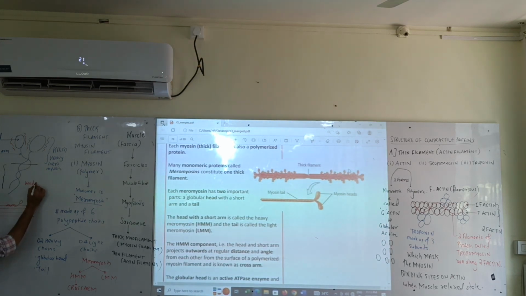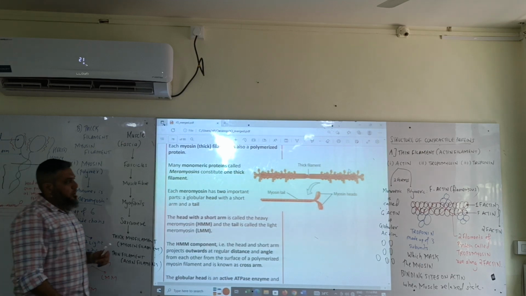The head and the short arm project outwards at regular intervals and angles, and it forms the cross arm. Yes or no? So once again tell me, who is this? Tail. LMM. Who is this short arm with the head, and together it will be called the cross arm.